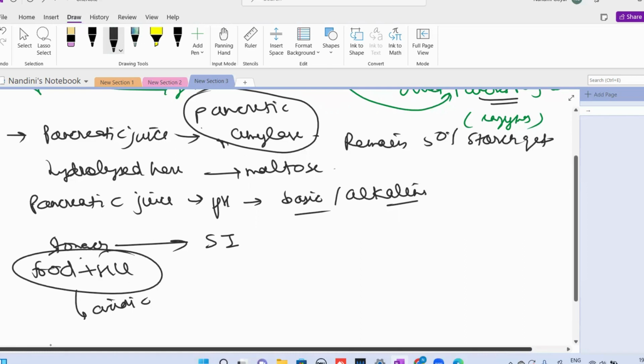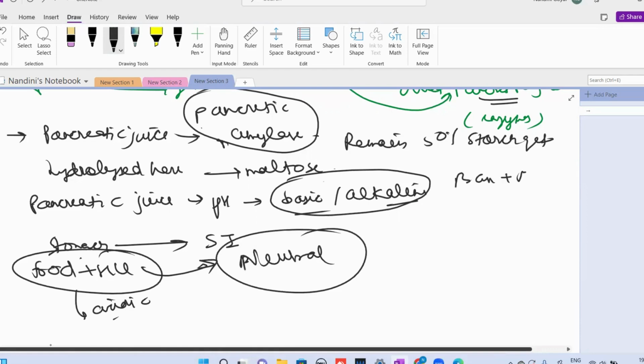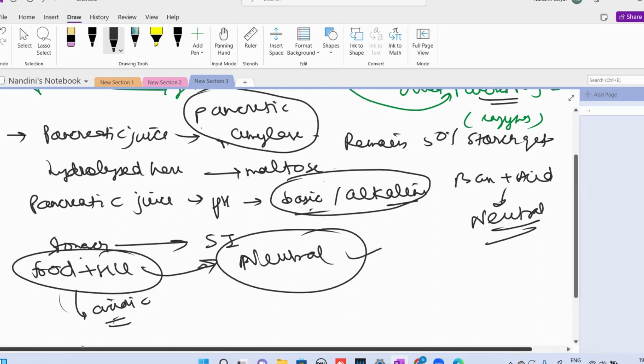When this acidic food comes into the small intestine, the alkaline or basic pancreatic juice makes this acidic food neutral. Do you know base plus acid makes a neutral? So the pancreatic juice is a base and the food contains HCl, which is acidic, so they interact with each other and make the food neutral.